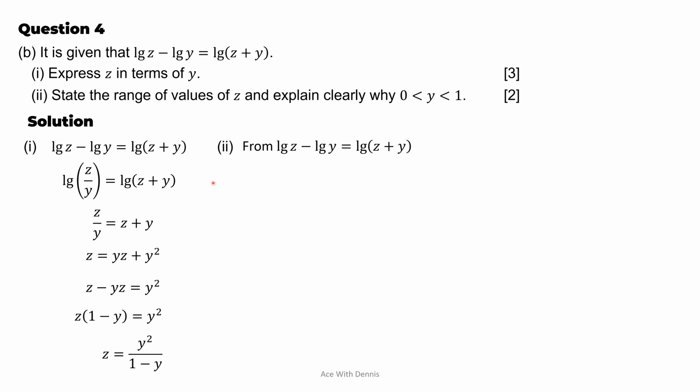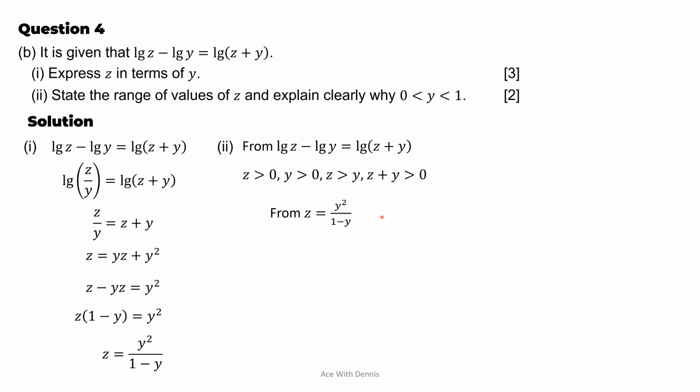2. From the original equation, log z minus log y equals log z plus y, we can see that z must be greater than 0 and y must be greater than 0, because the body of the log cannot be a negative value. Similarly, z plus y also must be greater than 0.